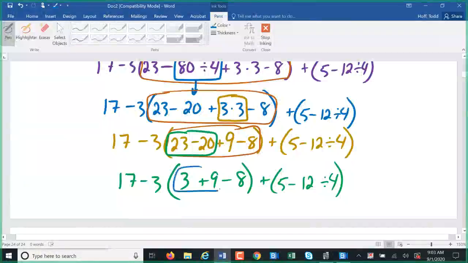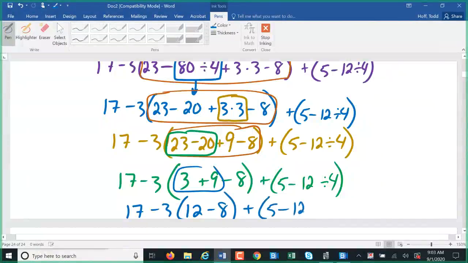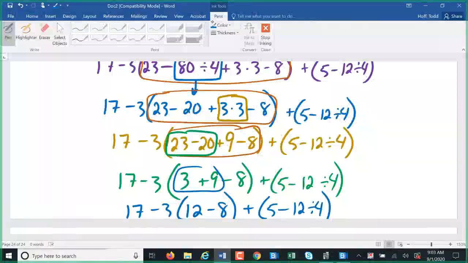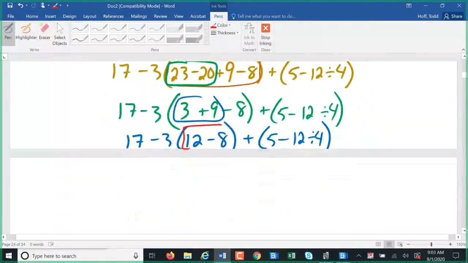Three plus 9 is 12. And finally, 12 minus 8 is 4. Now, once again, I'm going to be down to a single number inside that parentheses. I'm going to get rid of the parentheses.